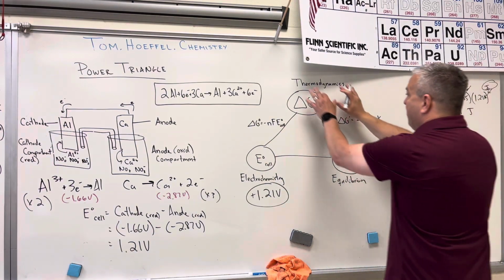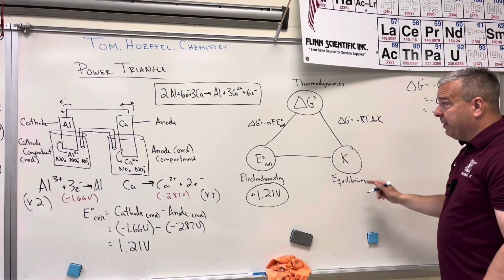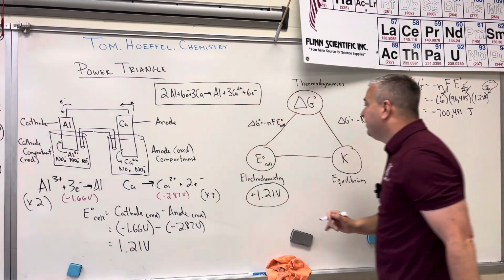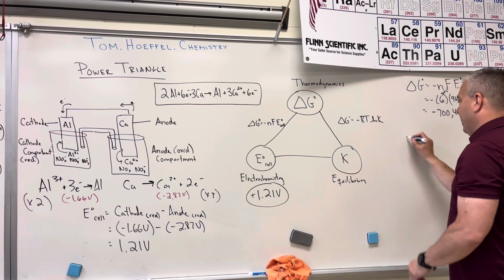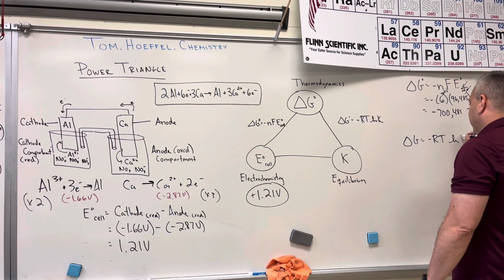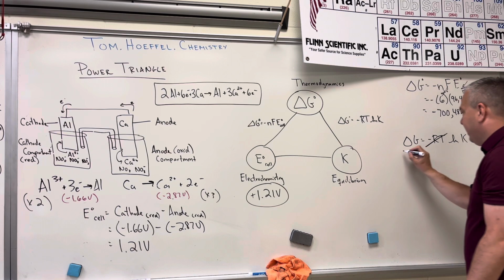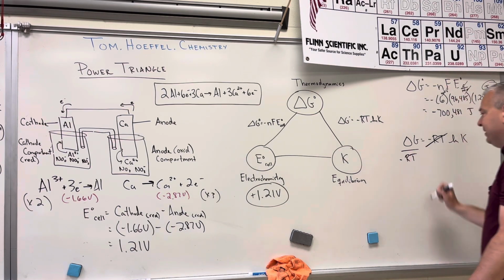Now, if we want to connect that to equilibrium to figure out the equilibrium constant for this reaction, we would use this equation: delta G is equal to negative RT natural log K. If I want to figure out the equilibrium constant, I'm going to have to divide by negative RT on both sides of the equation.